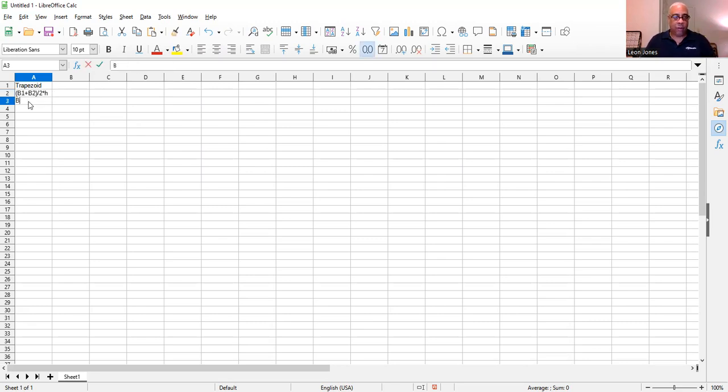So let's say we have base 1 equals 40 feet.